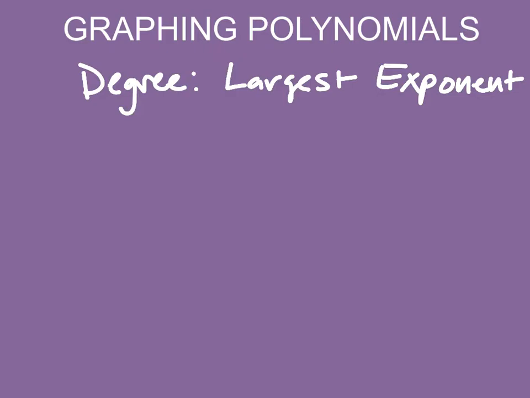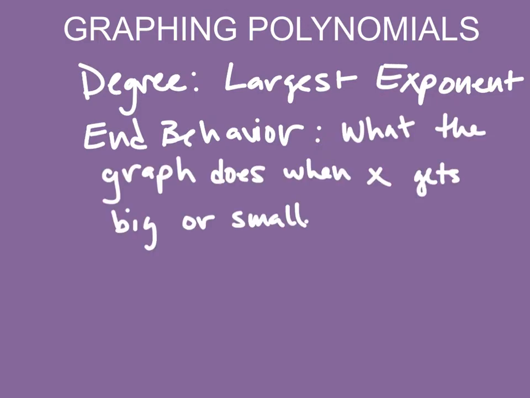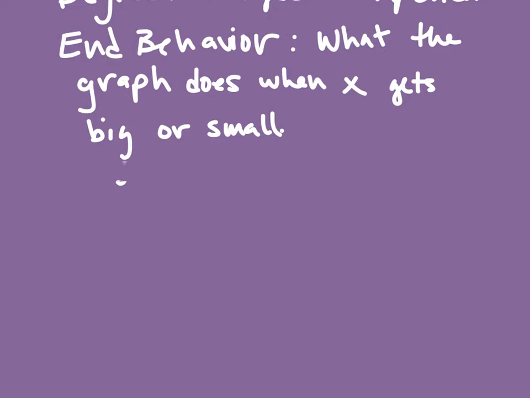The next thing I want to talk about is the end behavior. The end behavior is what the graph does as x gets big and as x gets really small. The way we look at end behavior is we look at a couple of things. You're going to have four different scenarios.